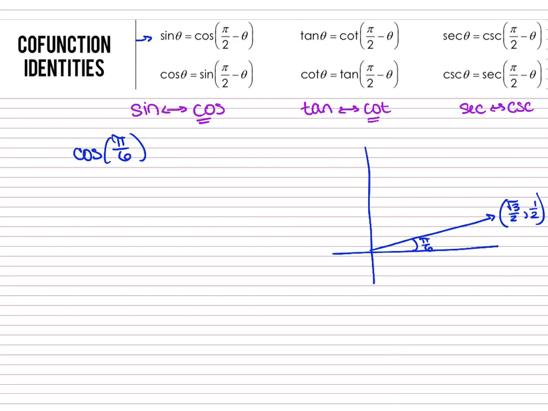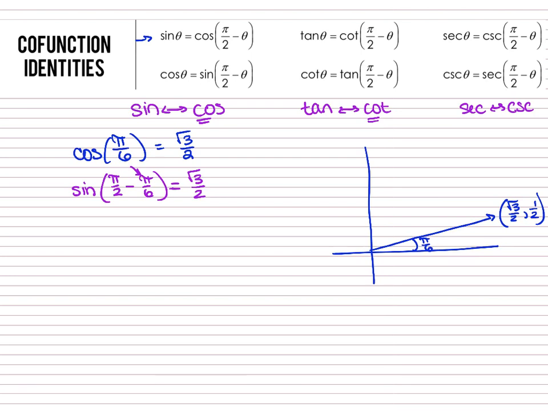So the cosine of pi over 6 is the square root of 3 over 2. What this cofunction identity tells us is that if we have the cosine of theta, then the sine of pi over 2 minus that original theta, in this case pi over 6, should also be the square root of 3 over 2. Let's see if that's true.